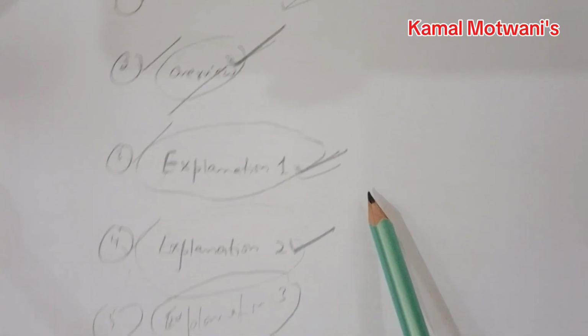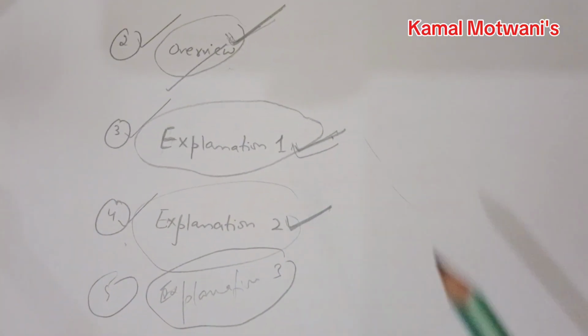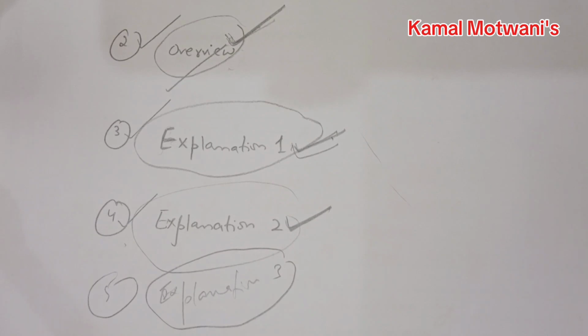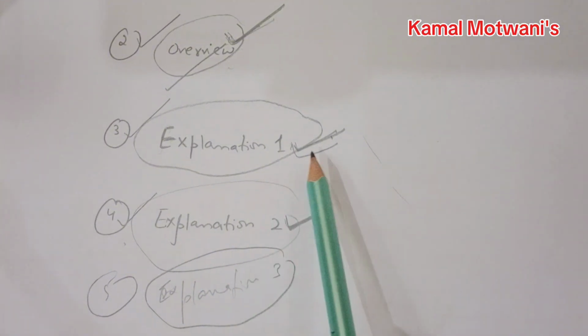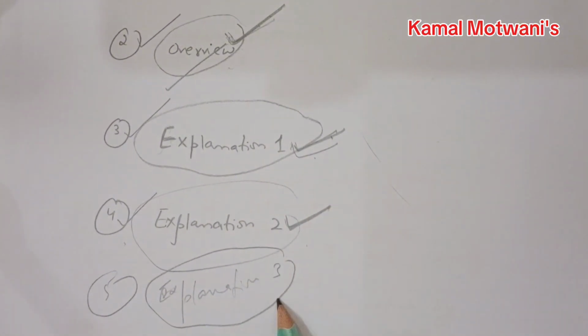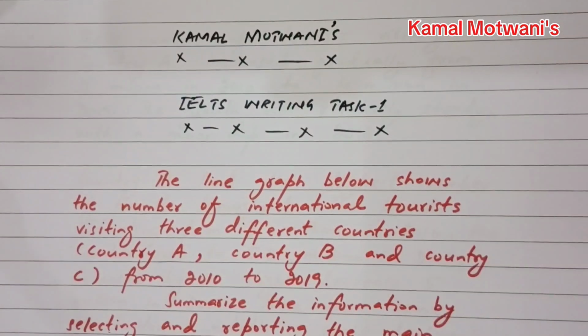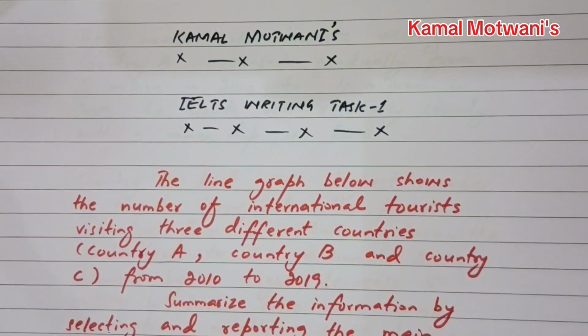Now it depends on the number of variables we have. We have to formulate the paragraphs, explanation 1, explanation 2, explanation 3, in this regard. So let's first discuss the line graph that we are given and what it says.